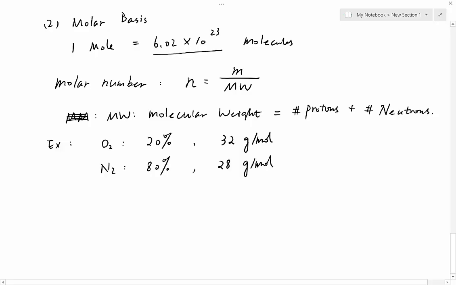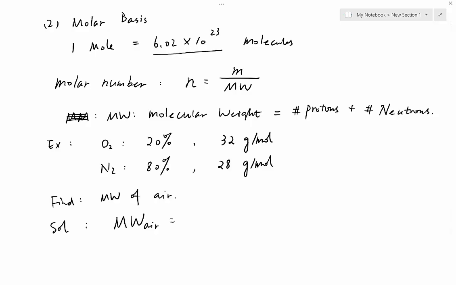So those are given conditions. And then what we want to find is the molecular weight of air. How do we find the molecular weight of air? Like we said, air is a mixture of oxygen and nitrogen, where oxygen takes up 20% and nitrogen takes up 80%. So each component contributes a little bit to the molecular weight of air.